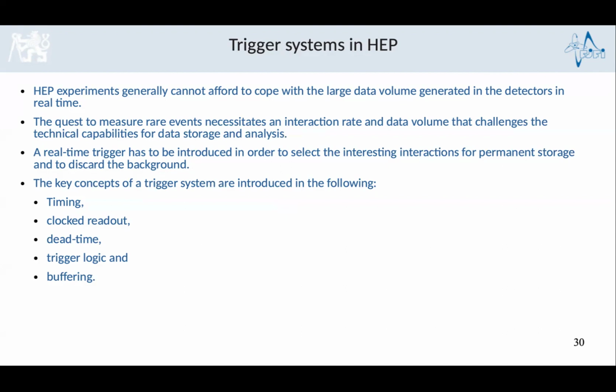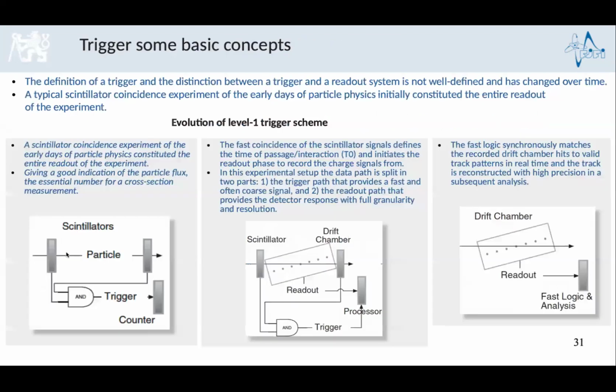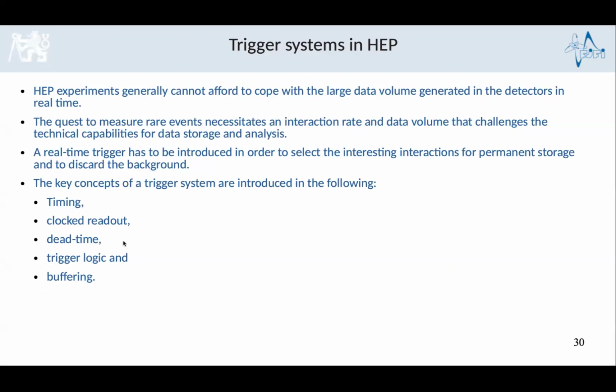There are some concepts that we will see, I think a few of them here. Some of these key concepts are timing, the clock, readout, the trigger logic, and buffering. These are the basic concepts that one has to know when considering a trigger system in an experiment.